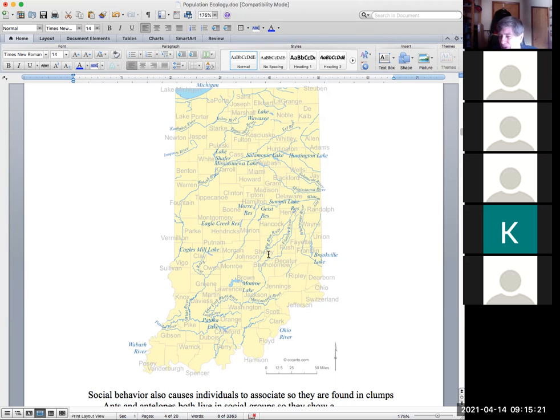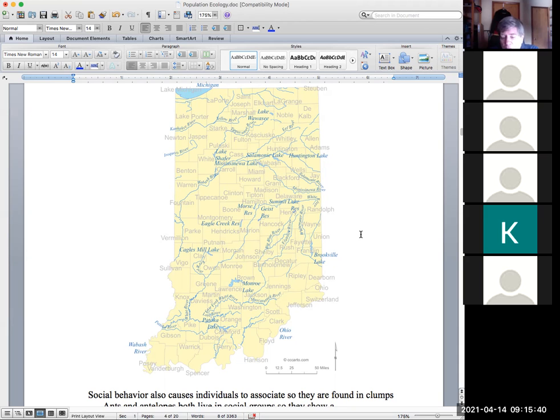But in some ways, it's the reverse. The prey tend to control the population of the predators. So we want to keep in mind that one reason that we see clumped populations is because of clumped resources.